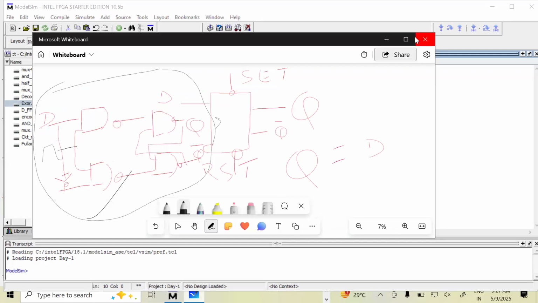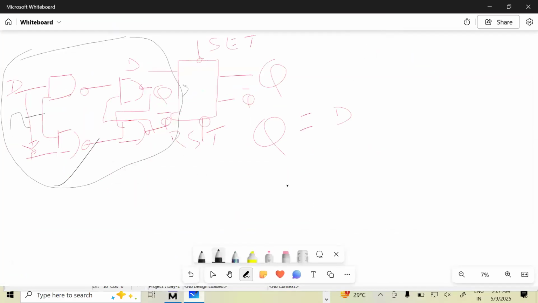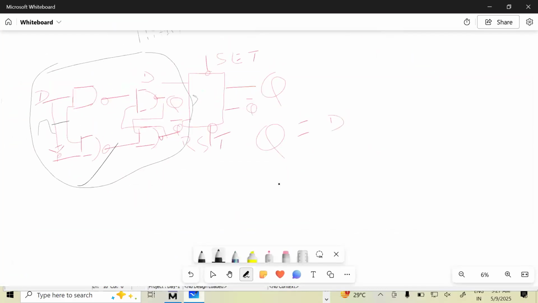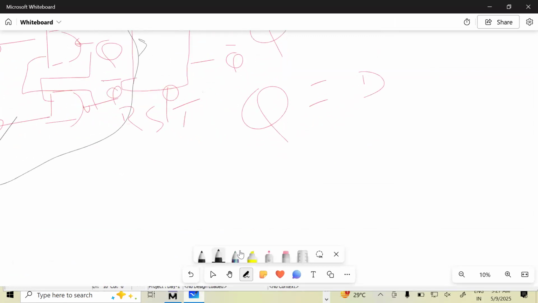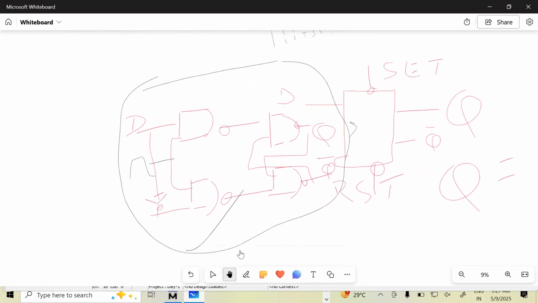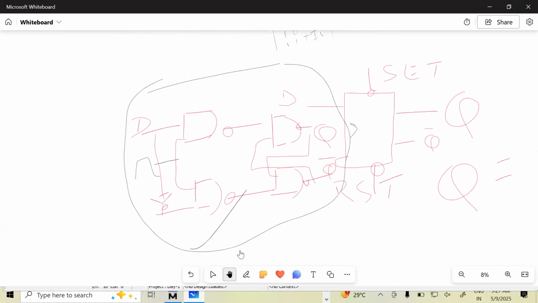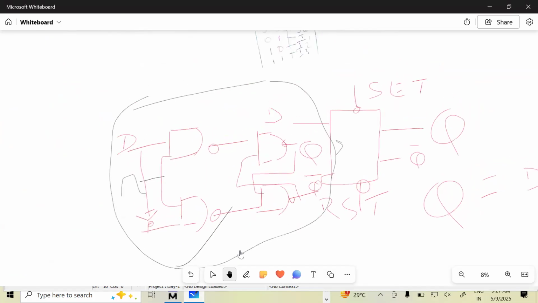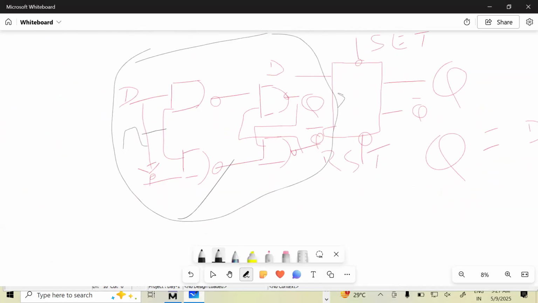See, you can see here, RST means the reset of this circuit. If RST is 0, suppose this is 0, then definitely Q will be 0.